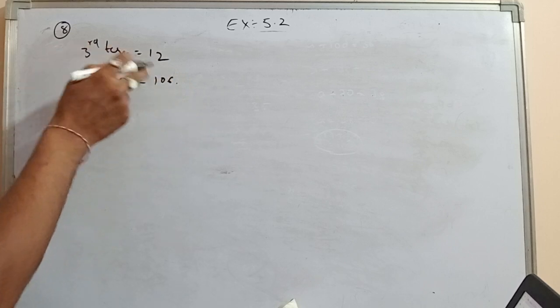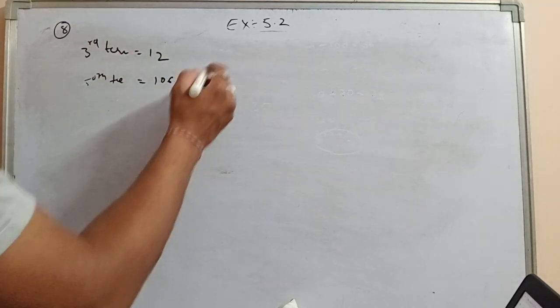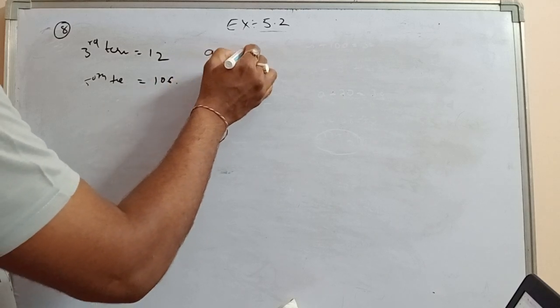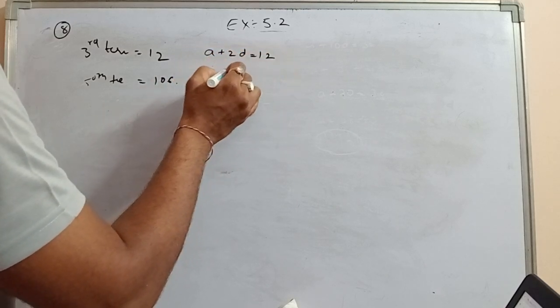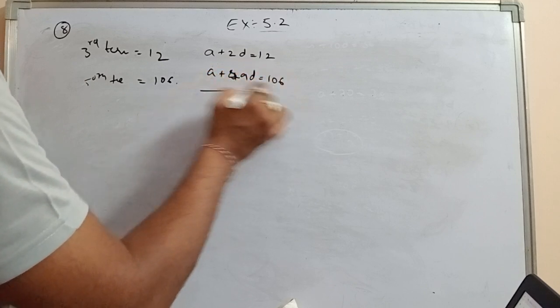So there are 50 terms in the series. So a plus 2d equals 12 and a plus 49d equals 106.